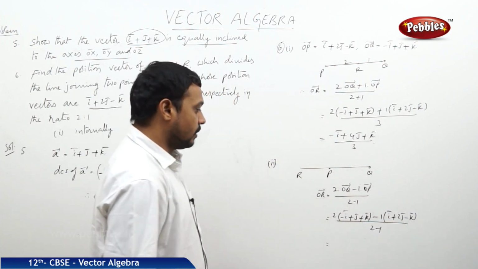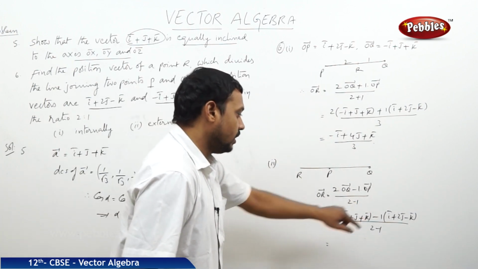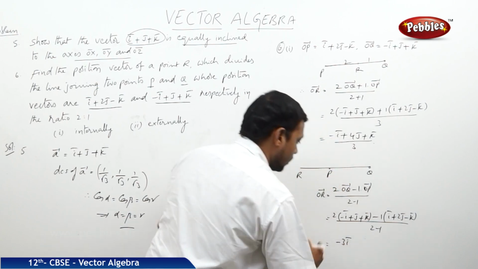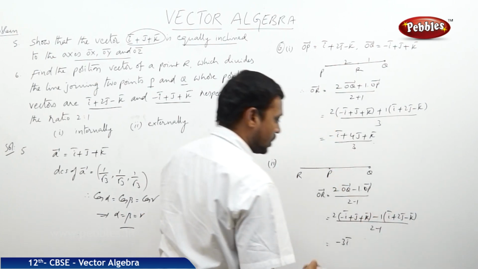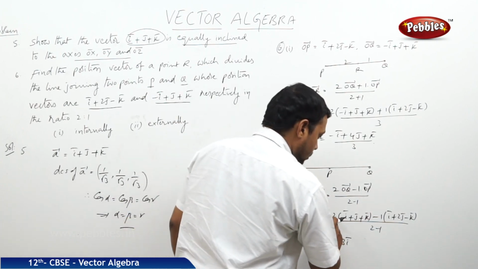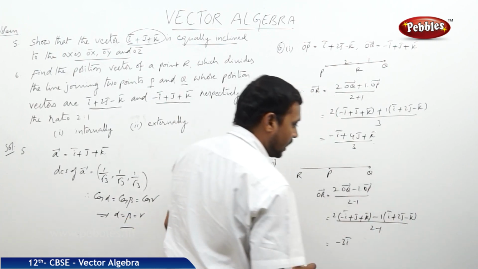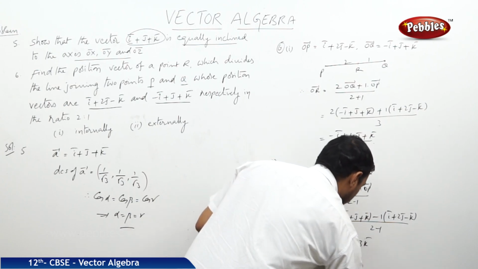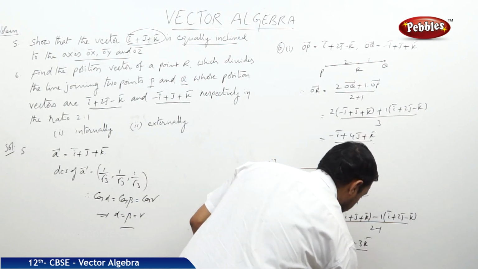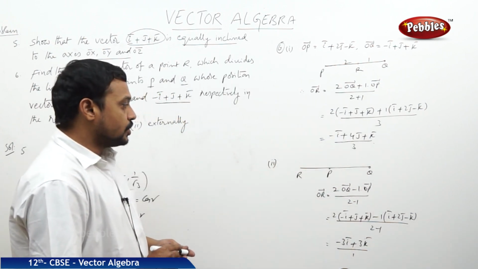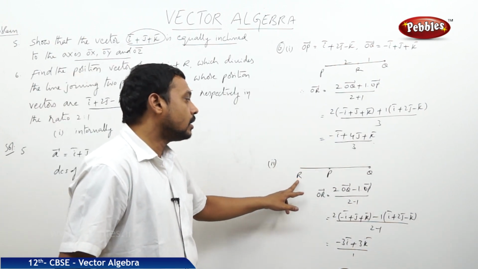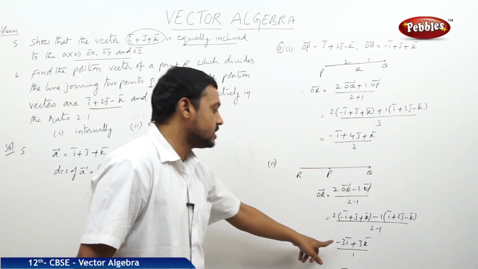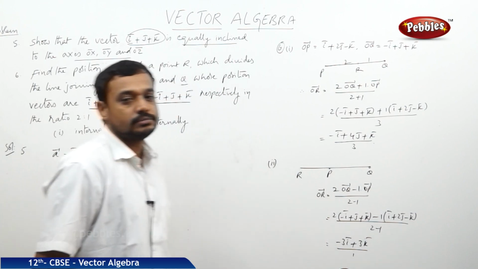On simplification, minus 2I minus I is minus 3I, 2J minus 2J of course gets cancelled, 2K minus of minus K is 3K, whole divided by 2 minus 1, which is 1. Therefore, the position vector of R dividing PQ in the ratio 2:1 externally is minus 3I plus 3K.